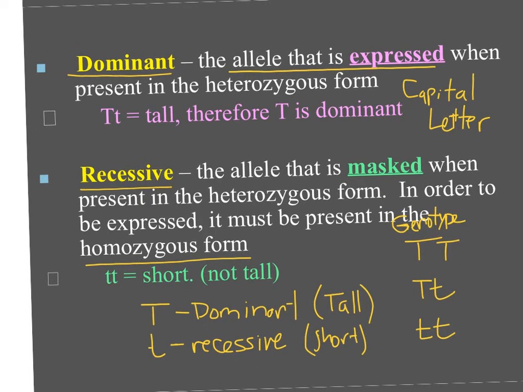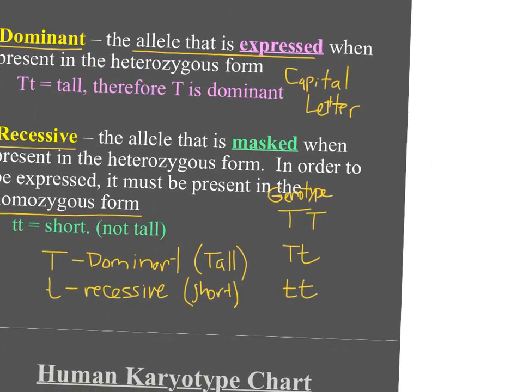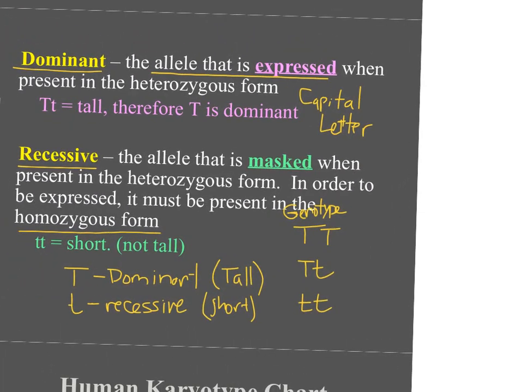Let me zoom out a bit here. Oh no, everything moved. That's okay. So if this is their genotype, remember those are the letters, then they can also have a phenotype. And that's what they're going to look like. Now, if it has a capital T, then they're dominant.